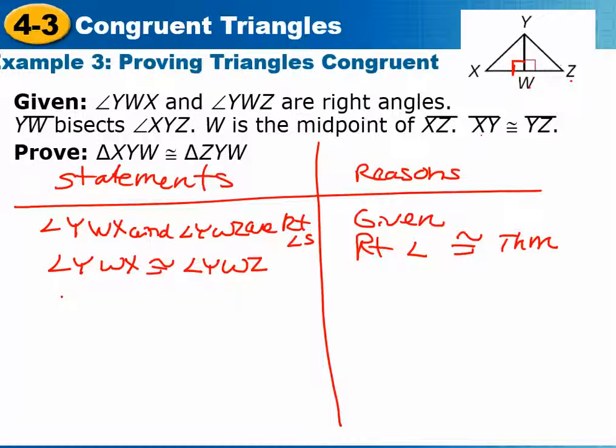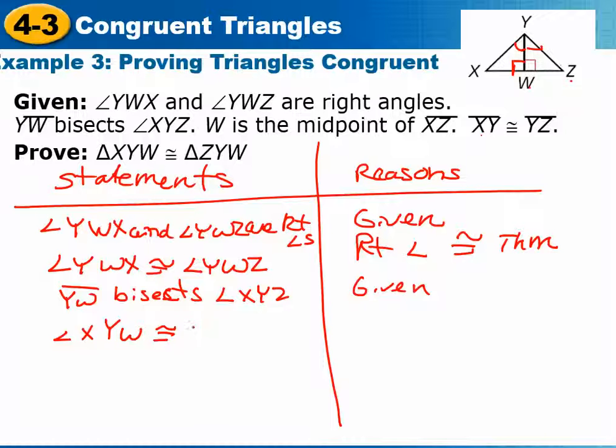Also, I know I'm given that YW bisects angle XYZ. That's given. What does that mean? We said what it means already. It means that by definition of angle bisector, angle XYW is congruent to angle ZYW. That's the definition of angle bisector.